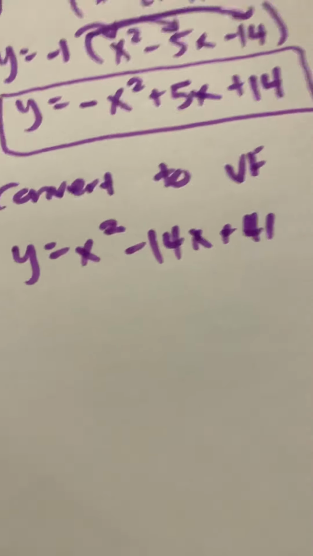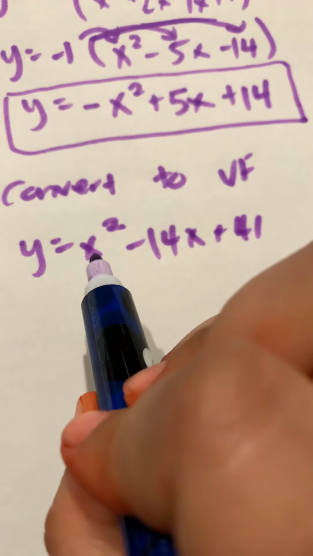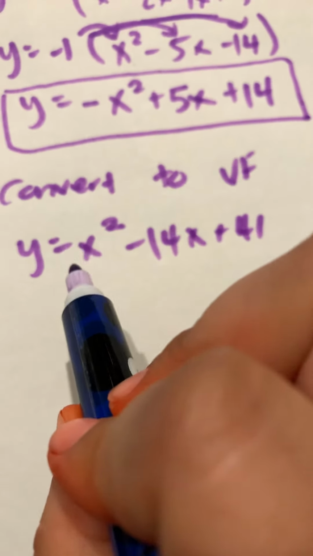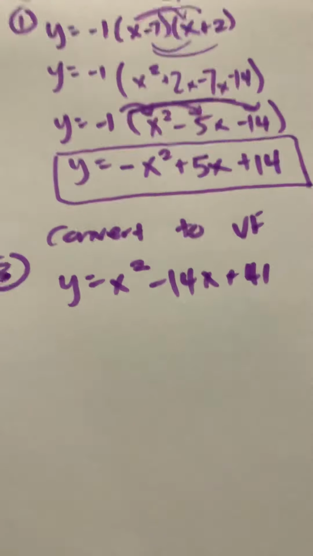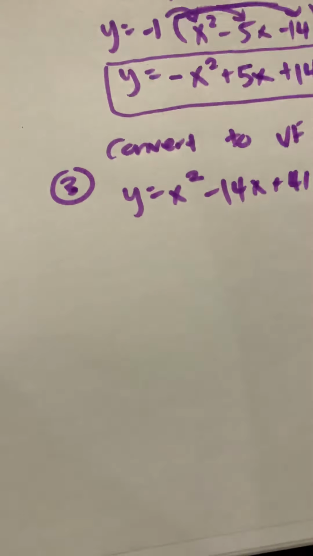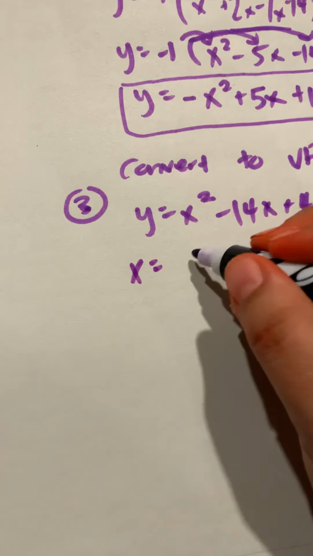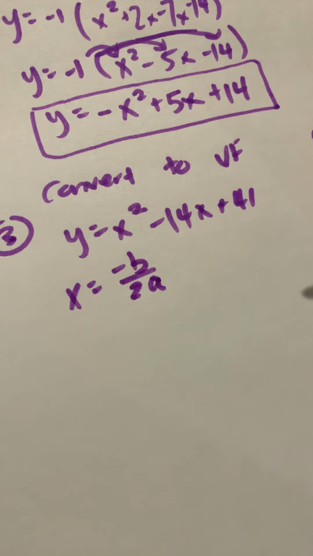Well, a is easy because this is standard form, and standard form has an a term. It's ax squared. So a is technically an imaginary 1, so the a is 1. But what I don't know is the vertex, so I'm going to need to find it. But remember that we learned there's a formula to find the x of the vertex. It's opposite b over 2a.